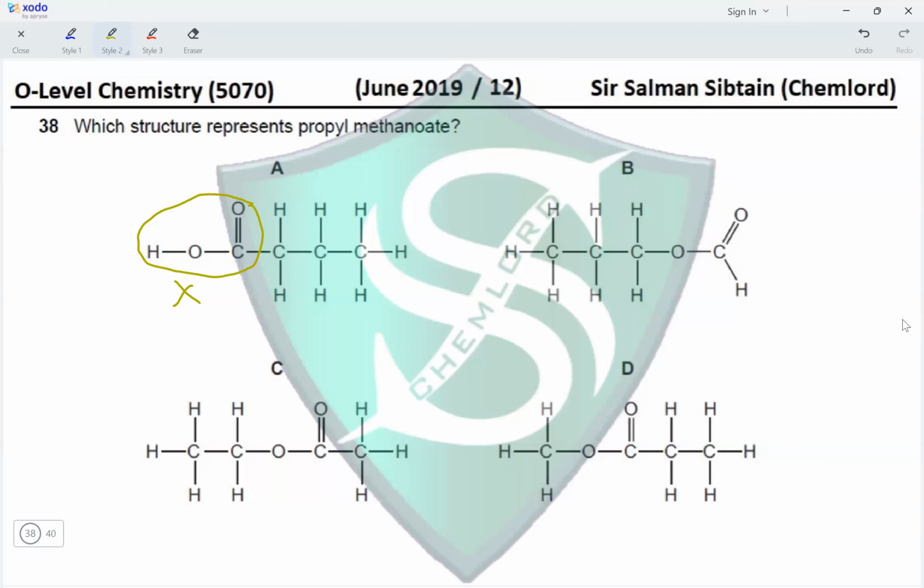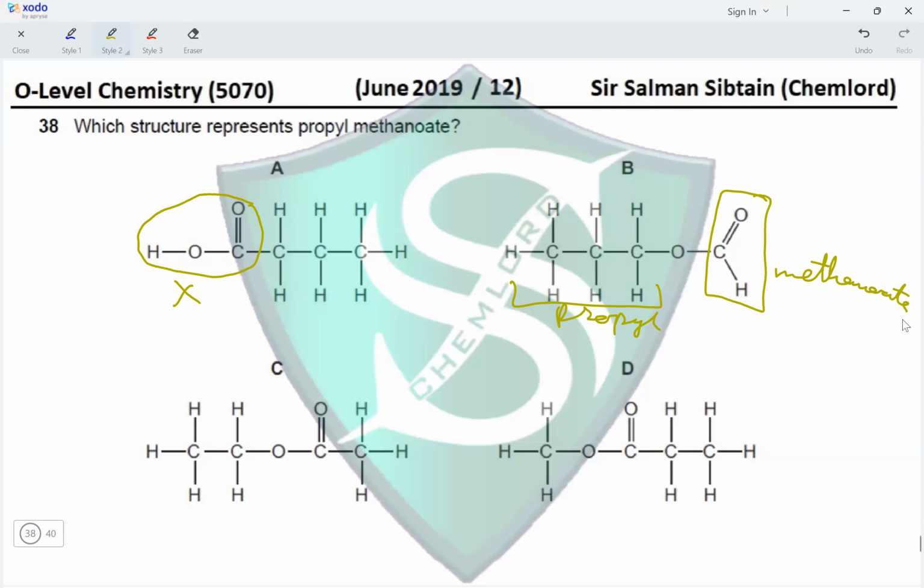So looking at option B, we have a hydrogen atom attached to C double bond O, making this part methanoate, and the part attached to the single bonded oxygen has 3 carbon atoms, making it propyl.